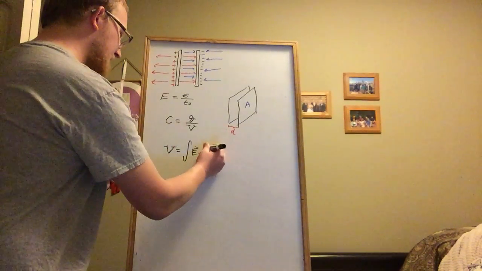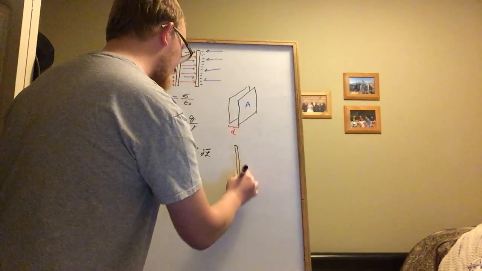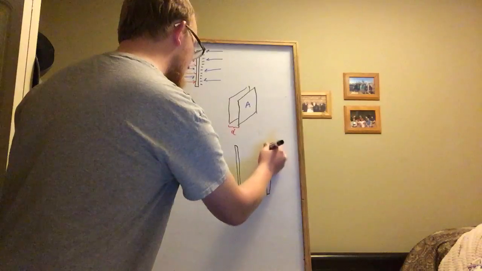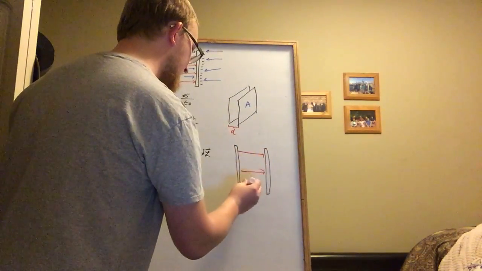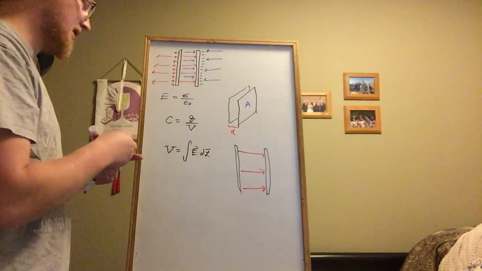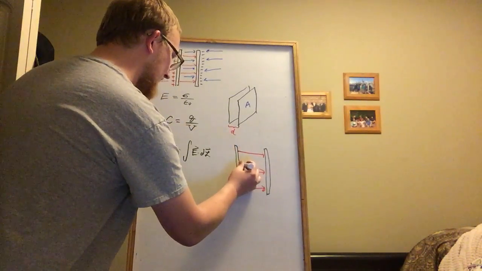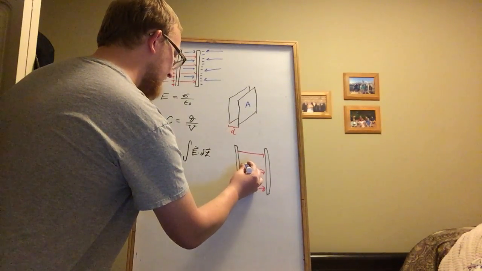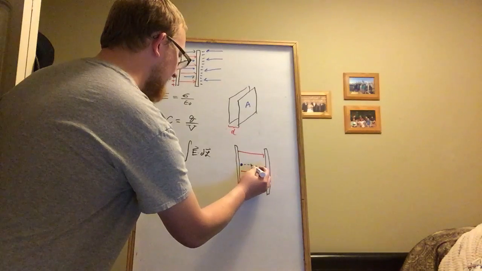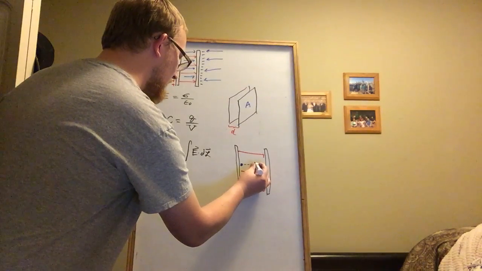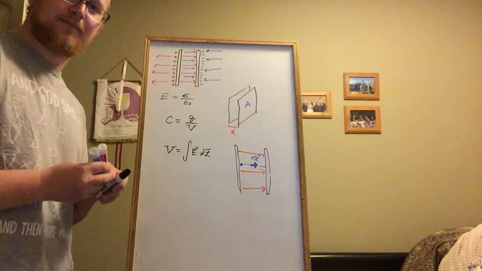So E dot dl. And if we look at this from the side, you'll notice that the electric field is pointing this direction. And let's imagine a charge that starts on this side and works its way over this way. What that would mean is that dl would be a small line segment along that path.